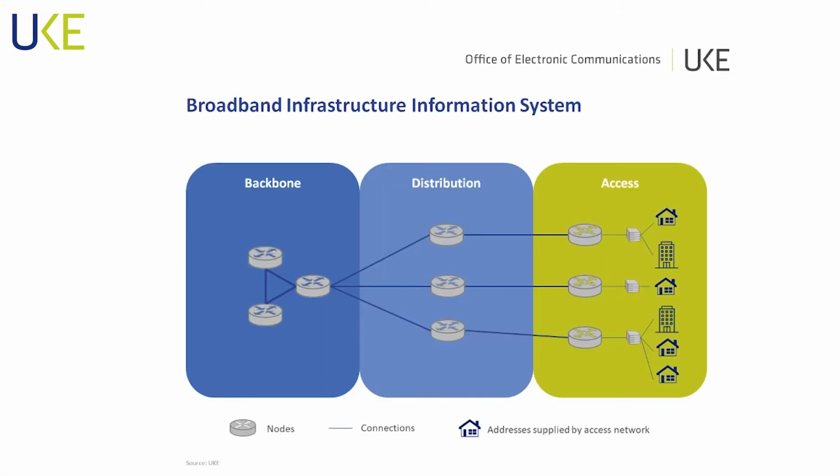The general model implemented in the Broadband Infrastructure Information System is compatible with all regulations and consists of a backbone network, which is the top layer of the public telecommunication network, aggregating traffic from the lower layers of the network.